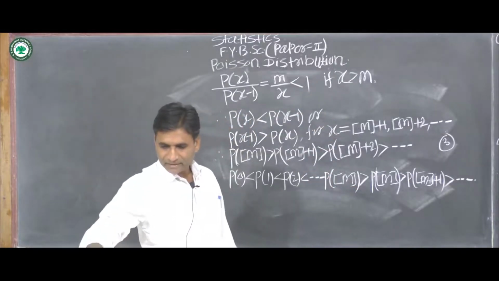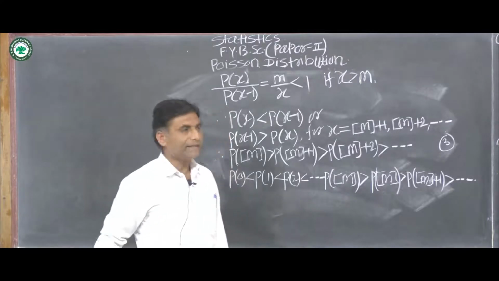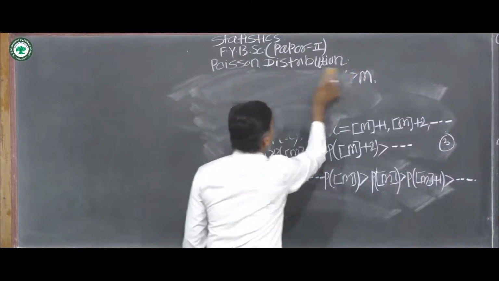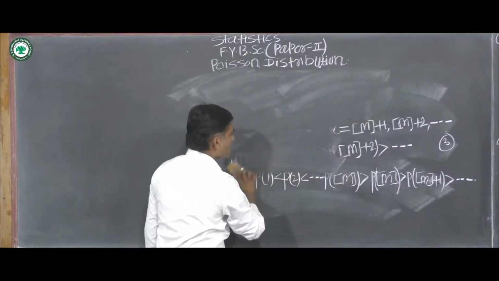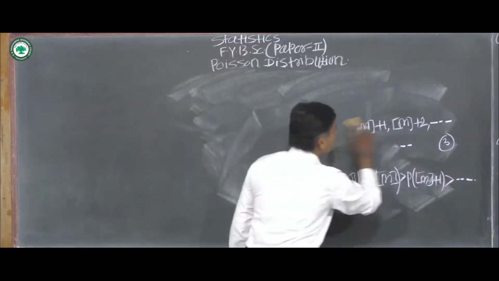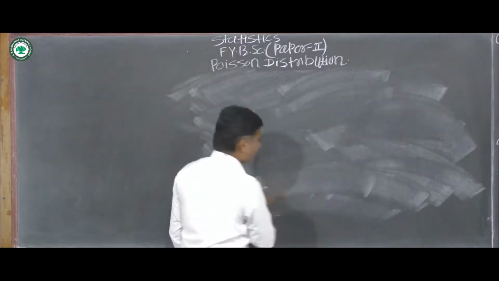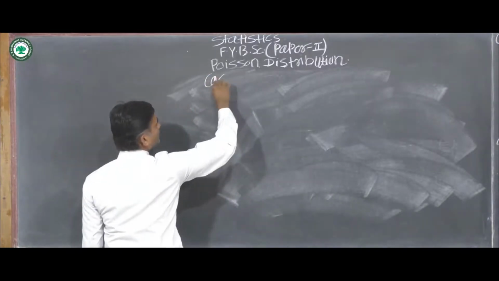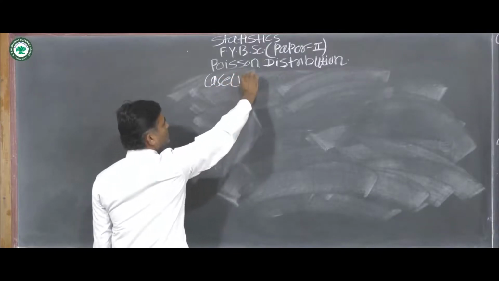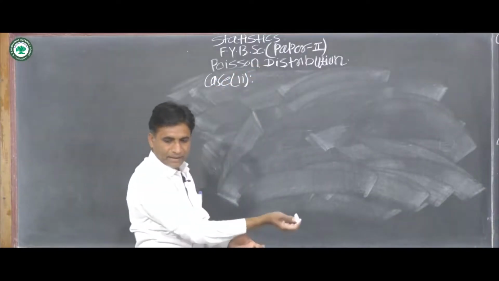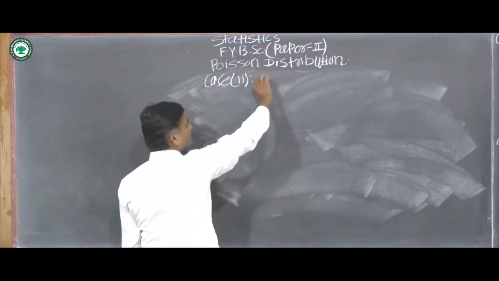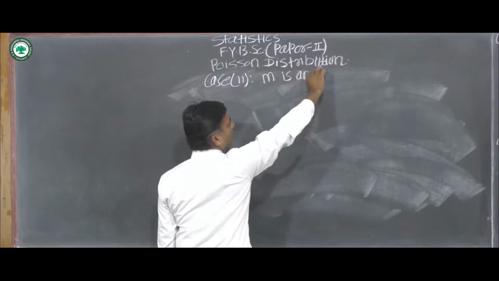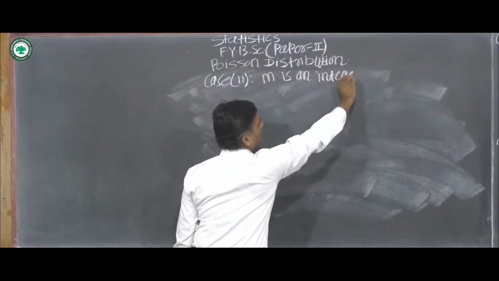Now we see the second case, that is m is an integer. If m is an integer, how do we obtain the value of the mode for the Poisson distribution? Now see case number 2: m is an integer.